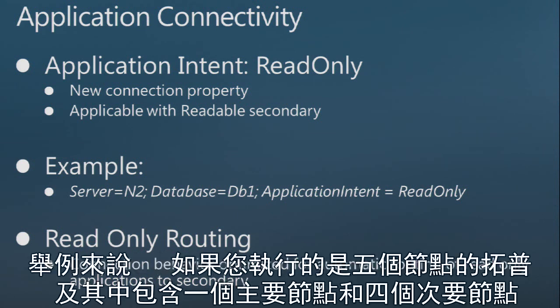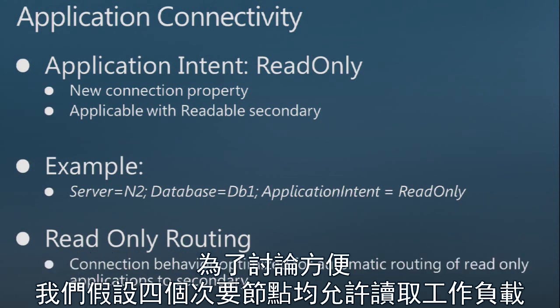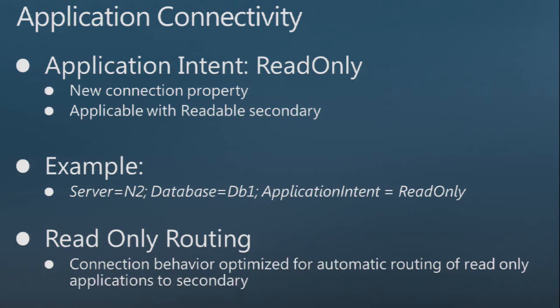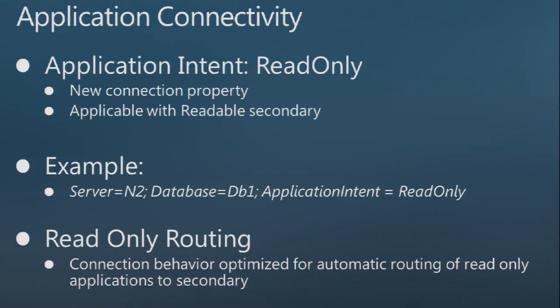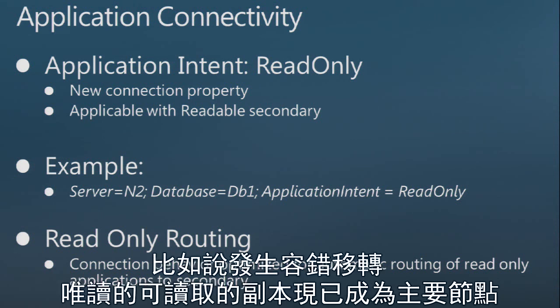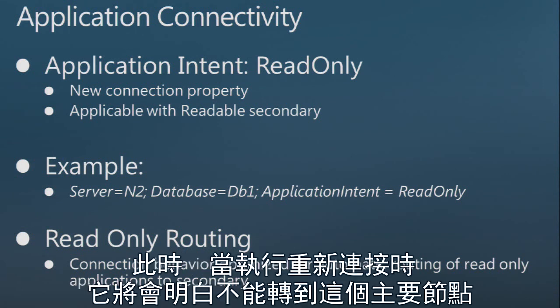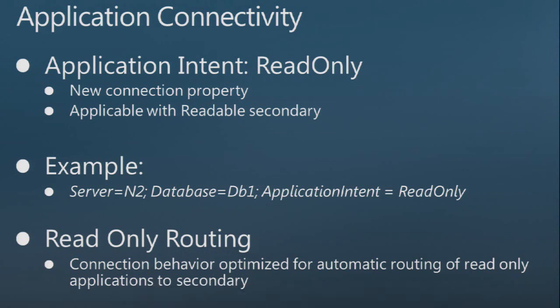So for example, if you were running in a 5-node topology where there is one primary and 4 secondaries, and for argument let's assume all 4 secondaries allow read workload, when you connect, it will figure out which readable secondary it has to go to. And let's say that the failover happens and that readable secondary becomes a primary node now. Now when you reconnect, it will know not to go to that primary node, it will go to another readable secondary. So that's the key benefit.